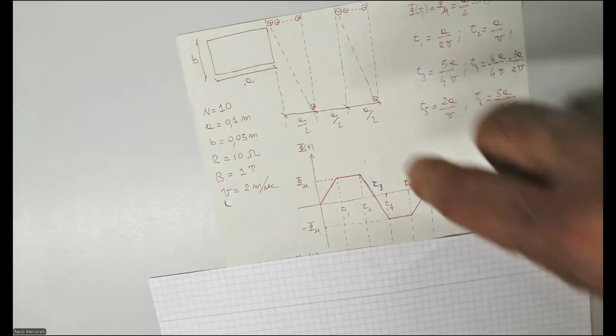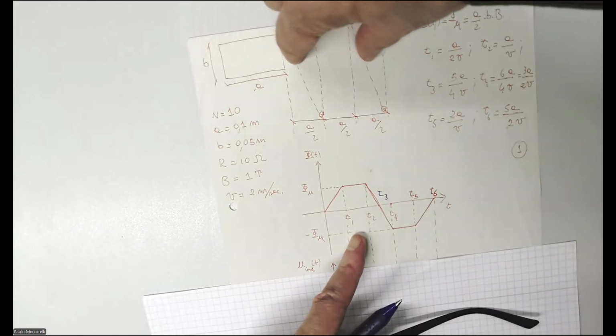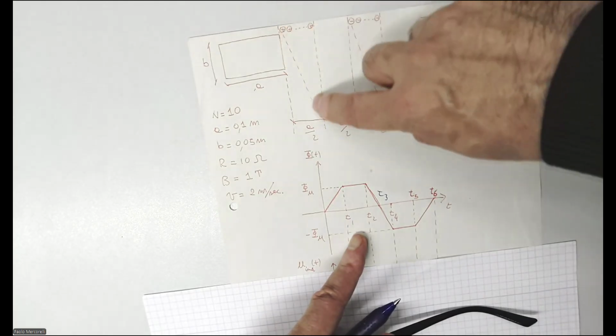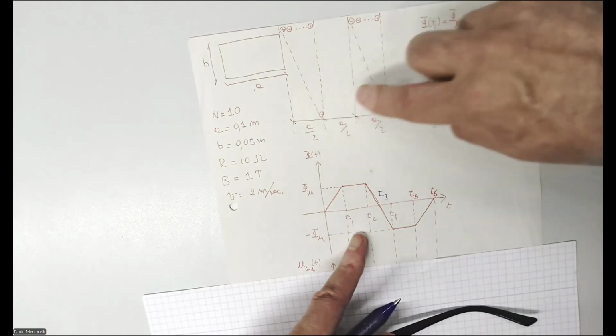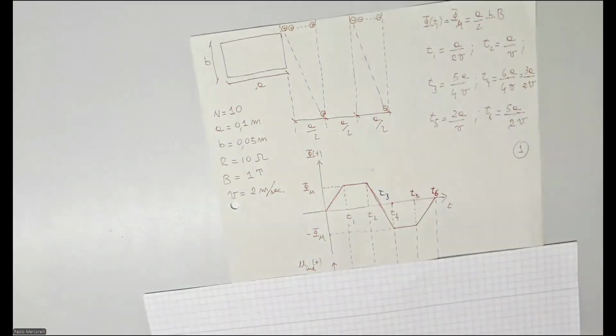When the coil is in the middle position, in which the active magnetic flux on the left, positive, equals the magnetic flux on the right, negative. This means that the magnetic flux in the whole coil is zero.